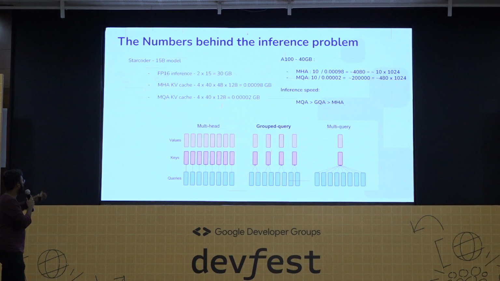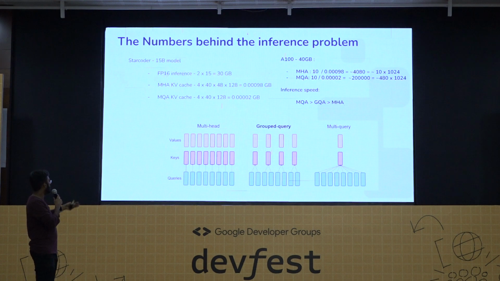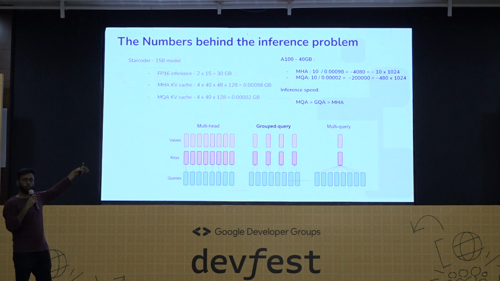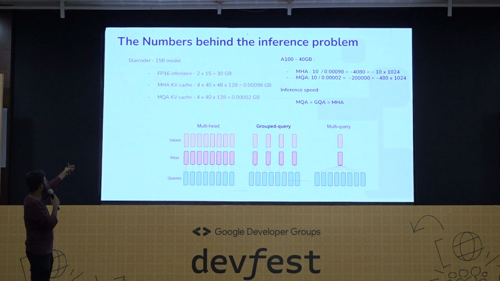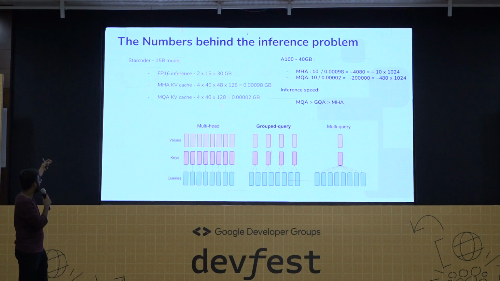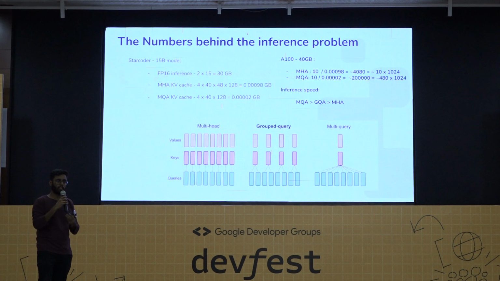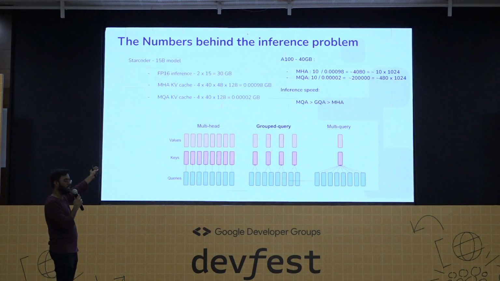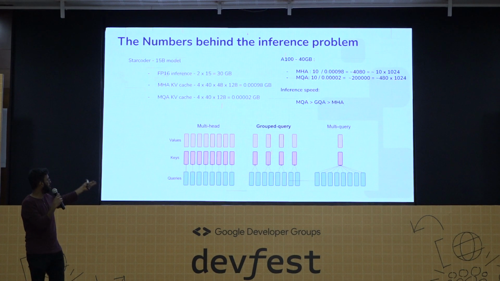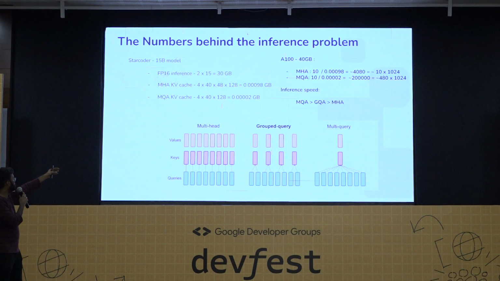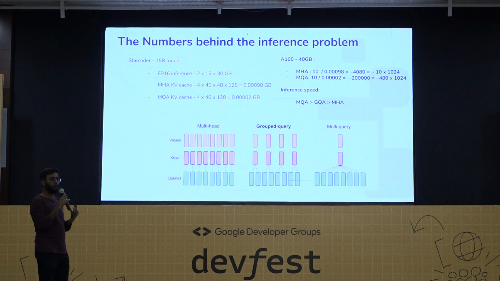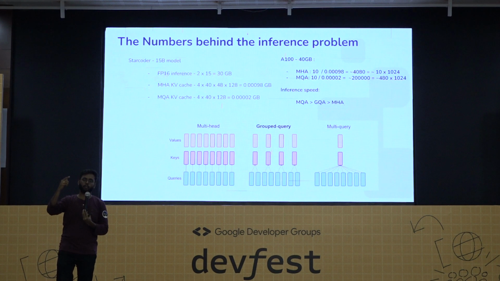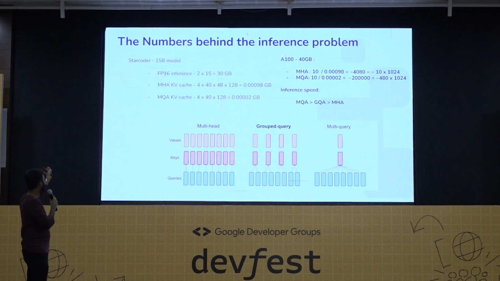And then to calculate the KV cache, using our formula, 2 into 2 is 4, and this StarCoder model has 40 layers and 48 heads, and the dimension of each head is 128. So it takes roughly 0.0098 GB of memory to generate one token, if it's multi-head attention.